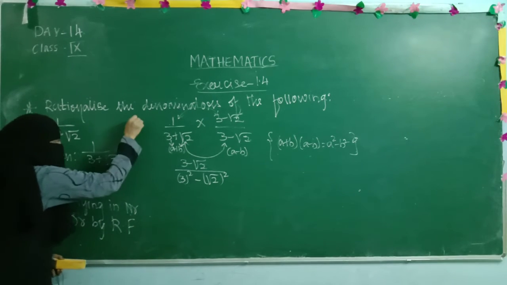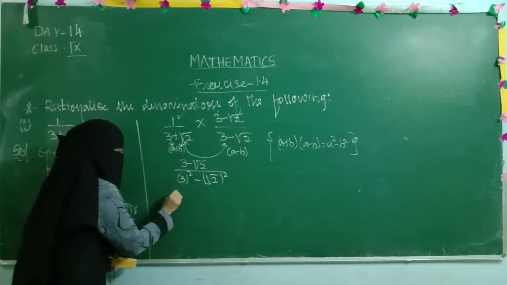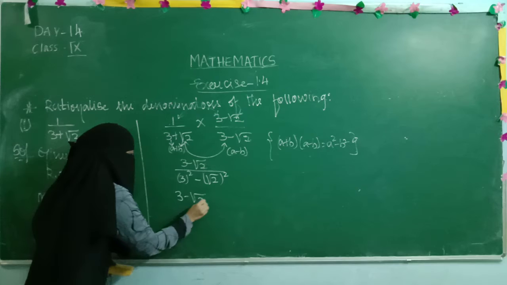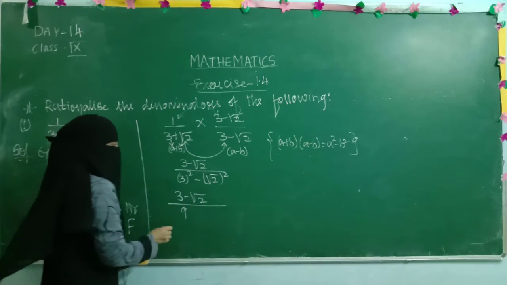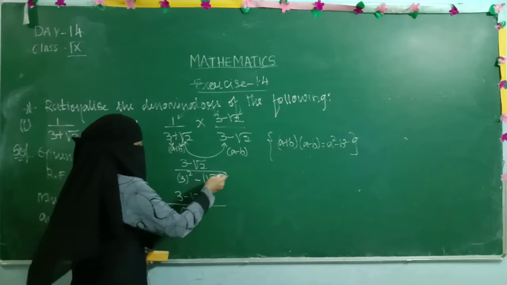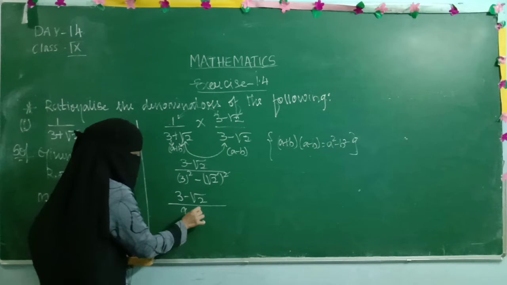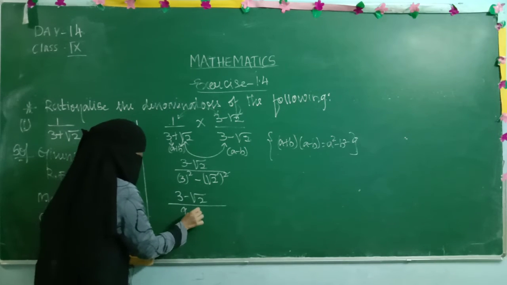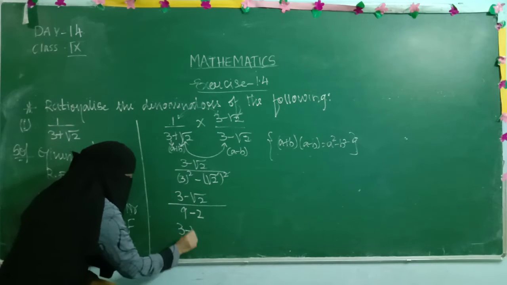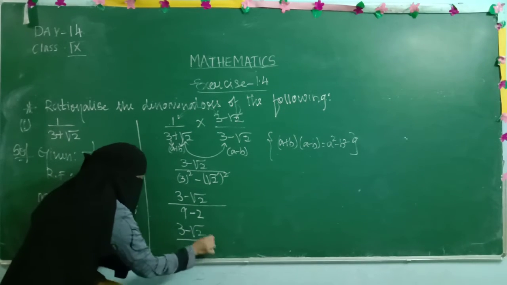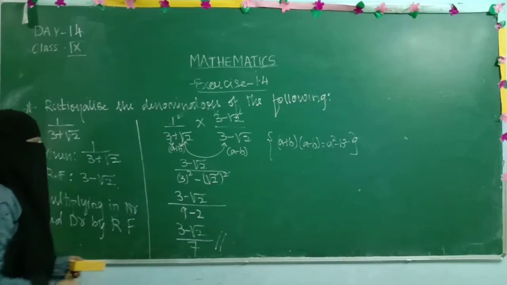So 3 minus root 2 by 3 square is nothing but 9, and I said previously also how the root and square get cancelled, and you are getting 9 minus 2. So 3 minus root 2 by 9 minus 2, which is 7. This is your final answer.